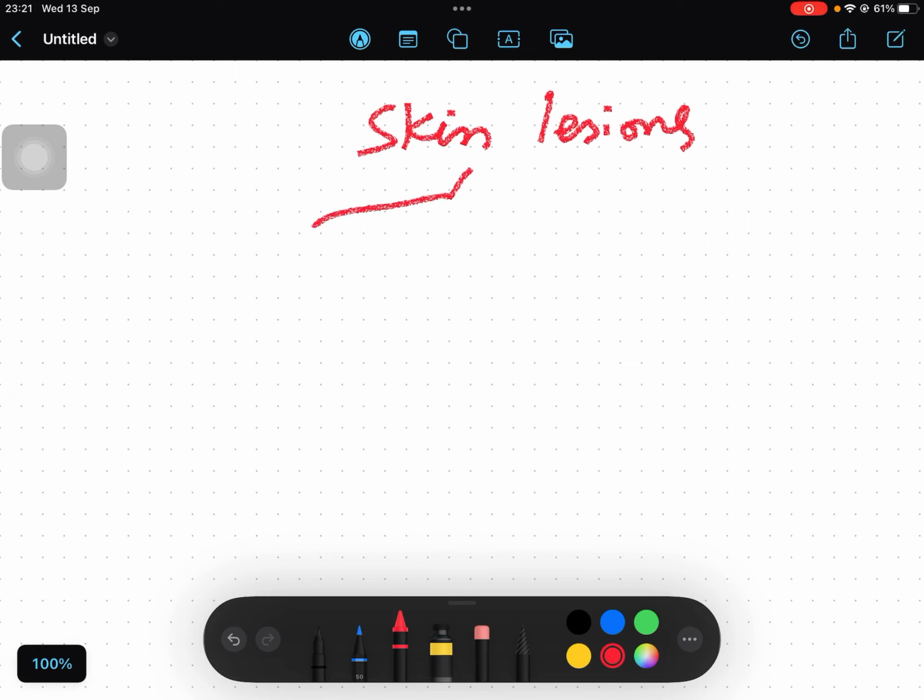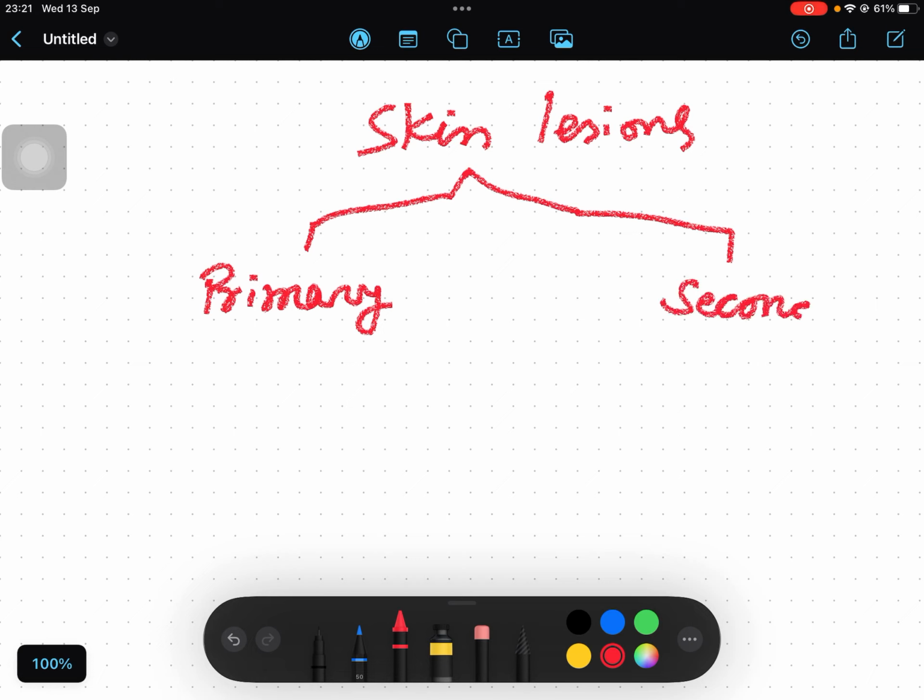So skin lesions are basically of two types. One is primary skin lesions, the other is secondary skin lesions. Okay, primary and secondary skin lesions.